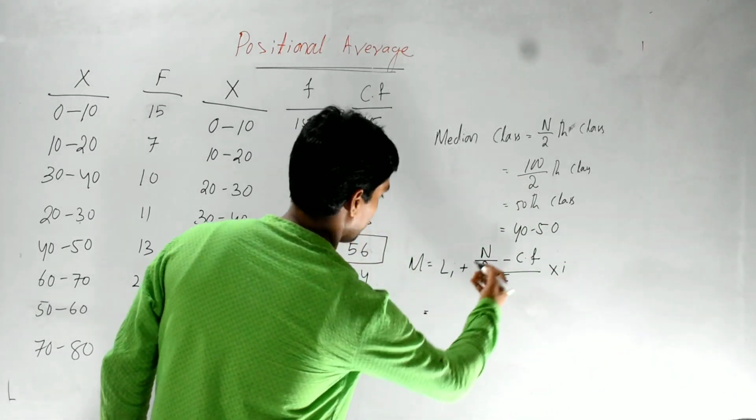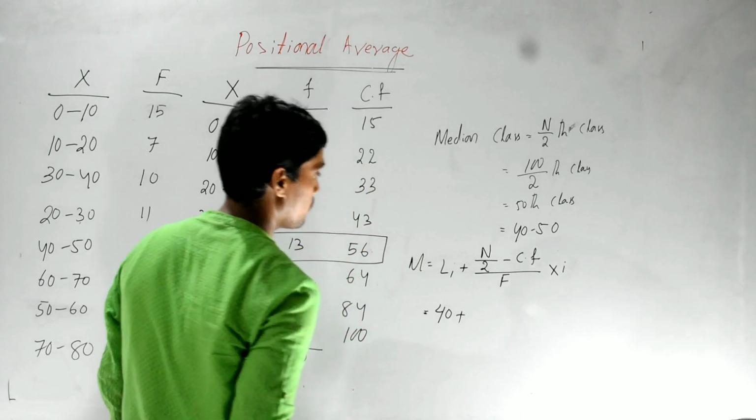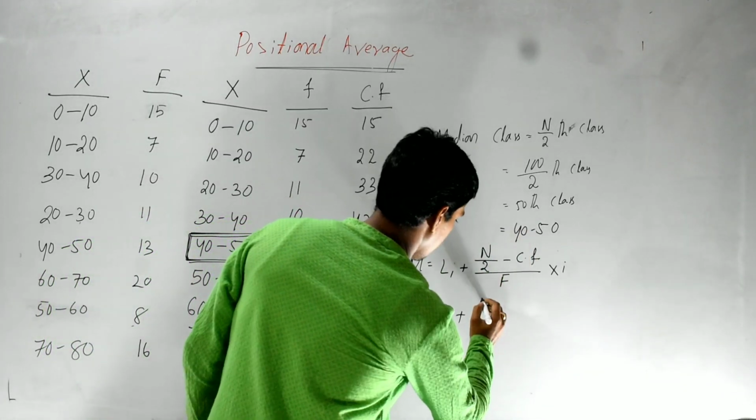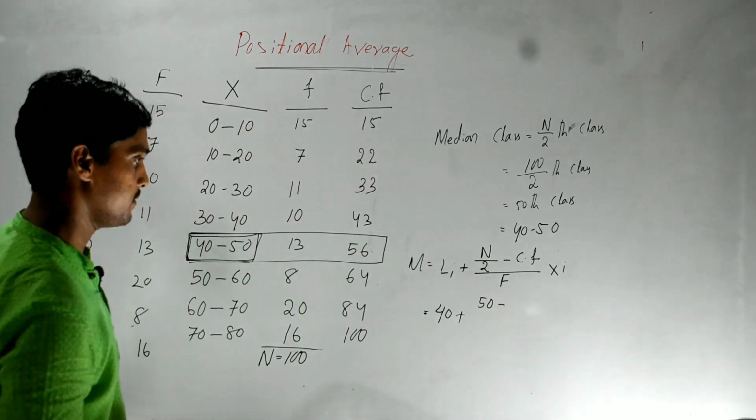Now put the value of L1, that is 40, plus n by 2, which is 50, minus CF.